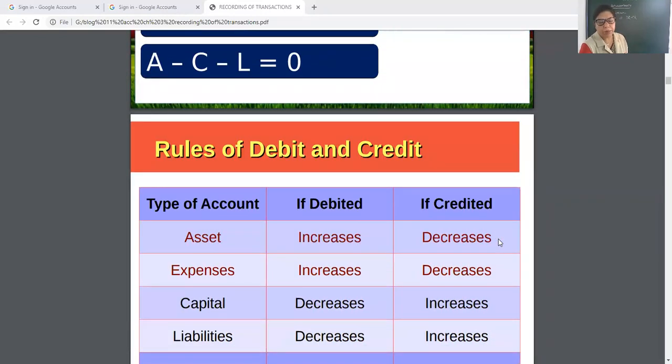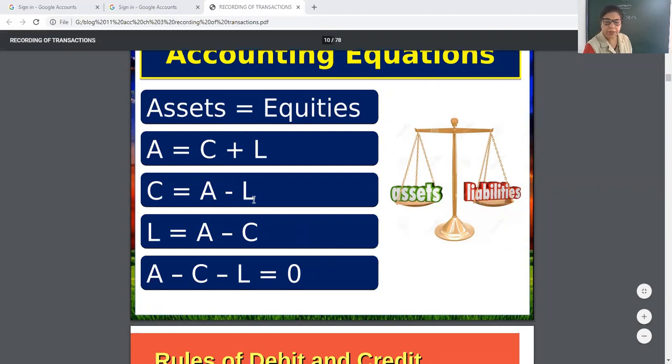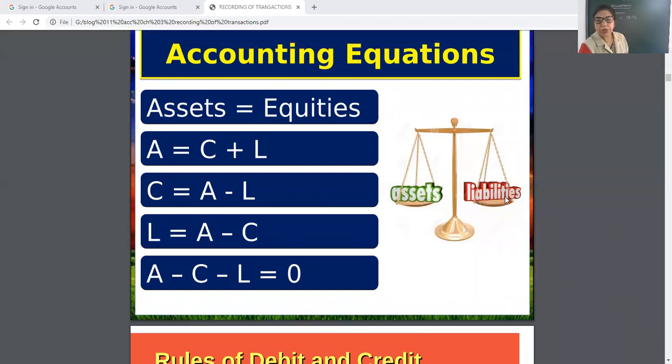Now, rules of debit and credit. If you want to note down, you can note down. This is the basic equation, and by this equation we can form other equations, like capital is equal to asset minus liabilities, liability is equal to asset minus capital, and asset minus capital minus liability will be 0, because the total of assets is equal to the total of liabilities, inside or outside.